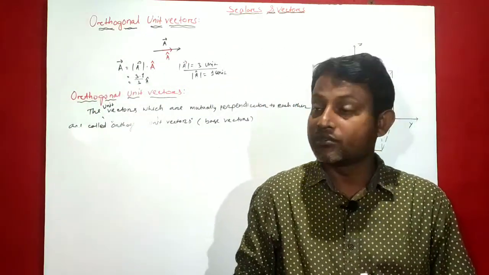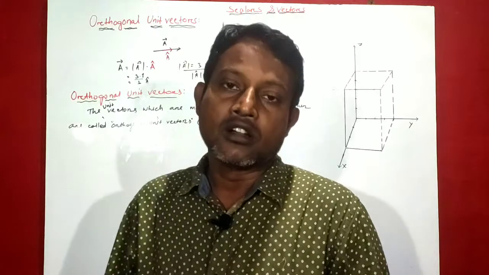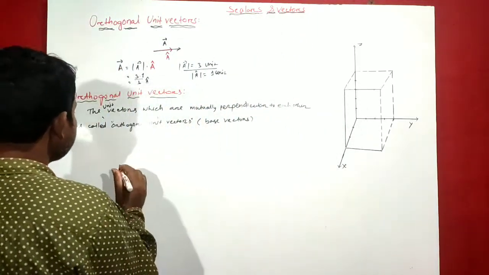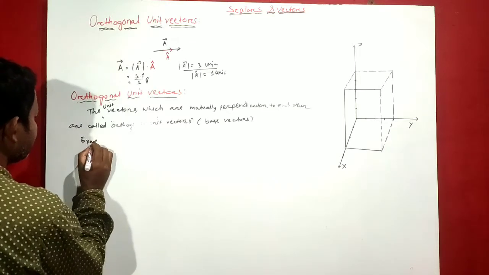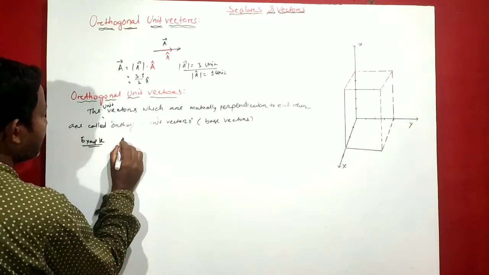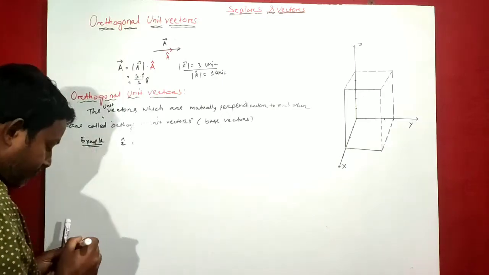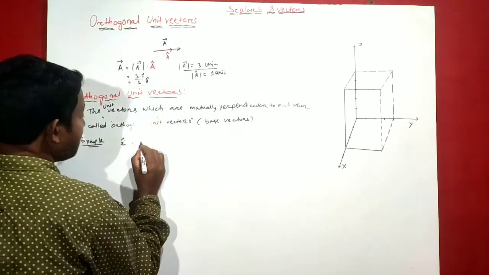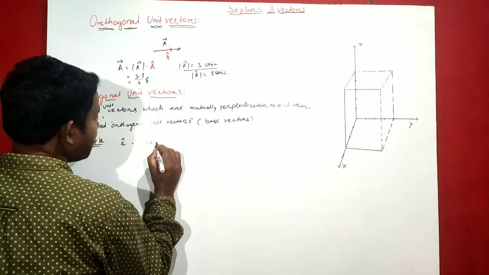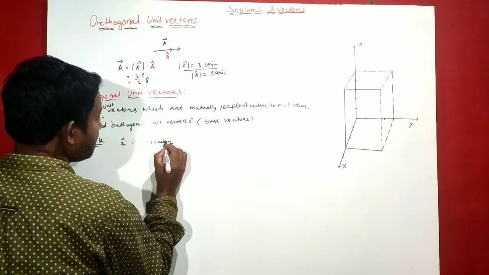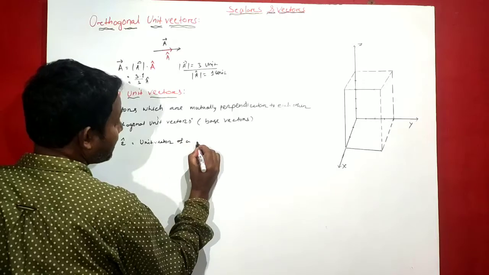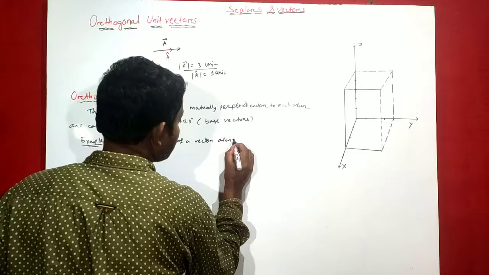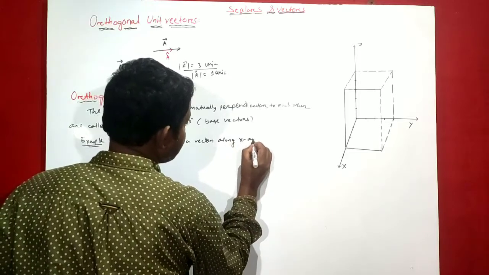What is the example of orthogonal unit vectors? Let's see. That is I cap. I cap is the unit vector of a vector along x axis.